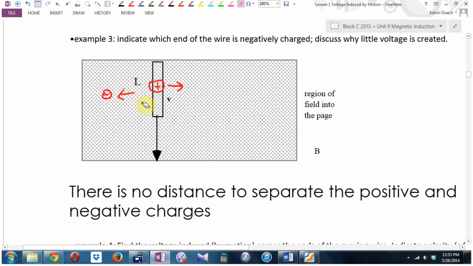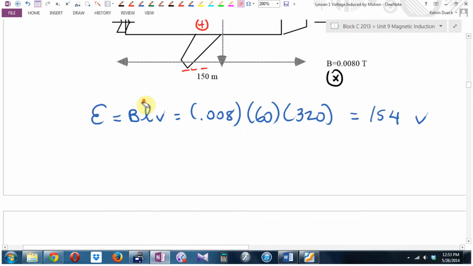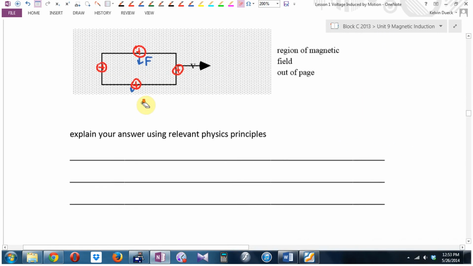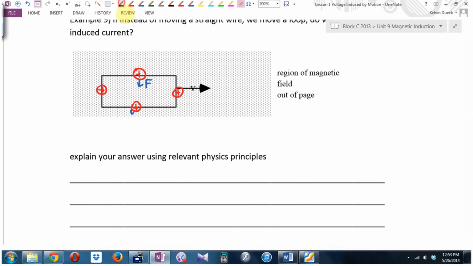Okay? So we're going to take our pencils. We're going to say, even though there's a force, we're going to scribble that out. Nothing. That top and bottom section don't do much. Yes, Neve, you can separate the charges a little bit, but they can't go anywhere. You okay with that?